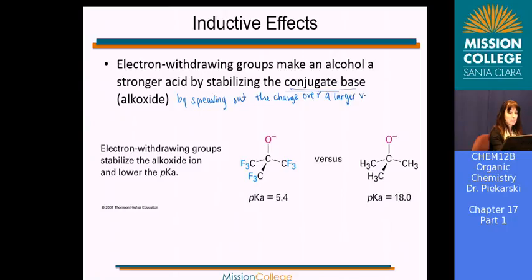Remember, electrons love to be delocalized, thus making the alcohol, which is the conjugate acid, more acidic.